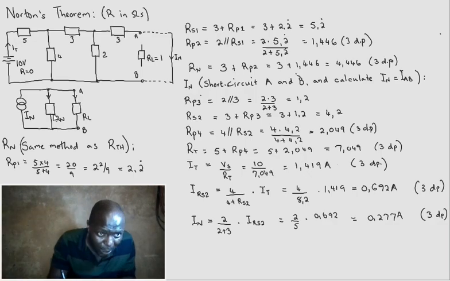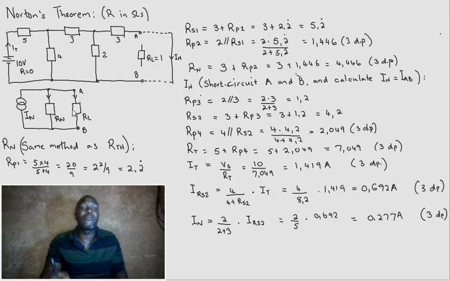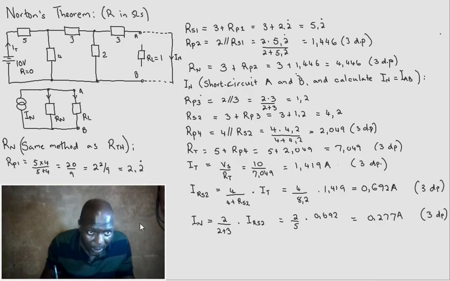For me now to get this, I've got two values. I've got RL of 1 and then Rn of 4,446.